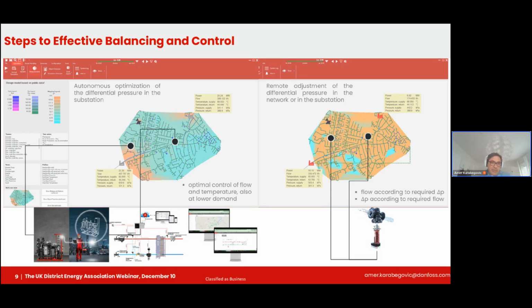It is mostly done by autonomous optimization of differential pressure in the substation. On the right picture, we can see how to make flow according to required delta P, or pressure drop according to required flow. And we're talking here about remote adjustment of the threshold pressure in the network or in the substation.